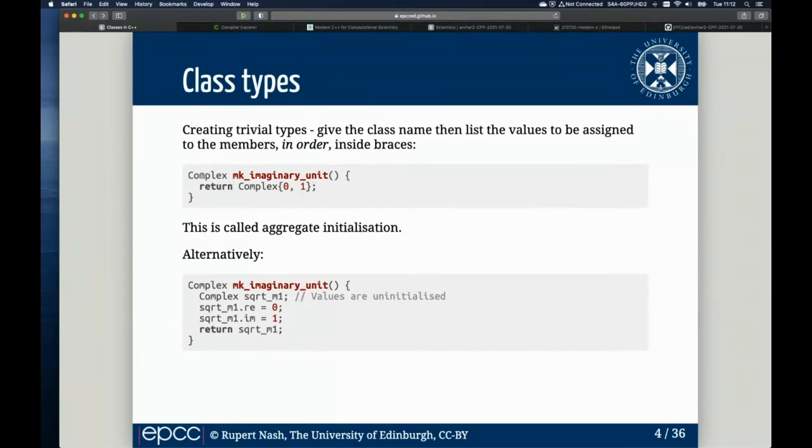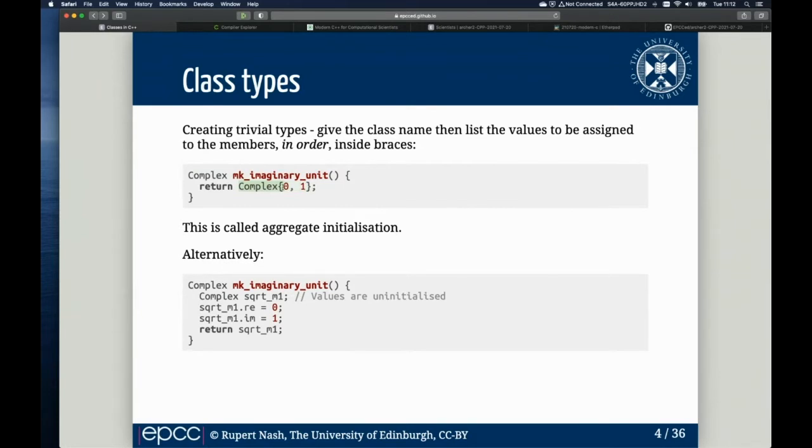Since the compiler needs to know the size of complex to be able to return one here, and to be able to actually use it, it has to have available the class definition. So in this case, we are returning by value because complex is just given as a value here. It's a pure value type. It's not a reference or anything else here.